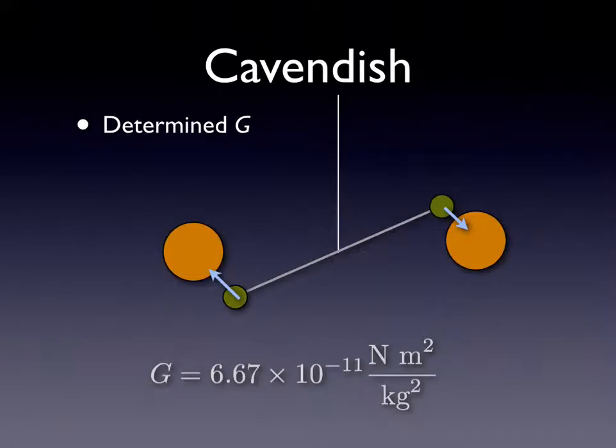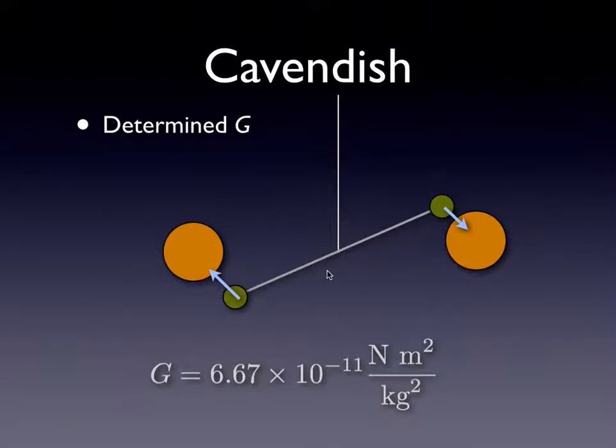Okay. So how do you determine G? Well, the first way was done by Cavendish a long time ago, and what he did was to take this rod. This rod right here is about, let's say, half a meter long. It could be anything. And it has two small masses on there. And it's supported by a wire.